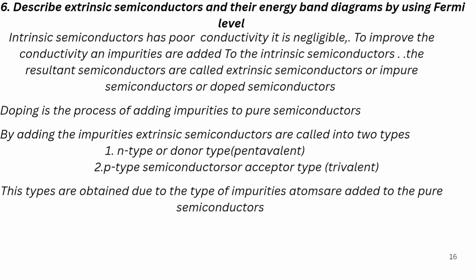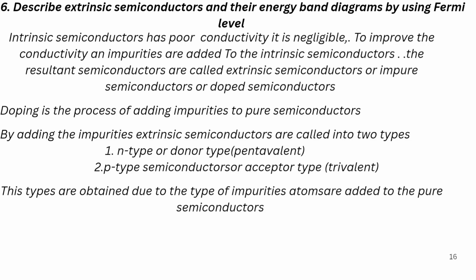These extrinsic semiconductors are also called impure semiconductors and doped semiconductors. I already told what is meant by doping. By adding impurities, we convert the pure semiconductor into an impure semiconductor.